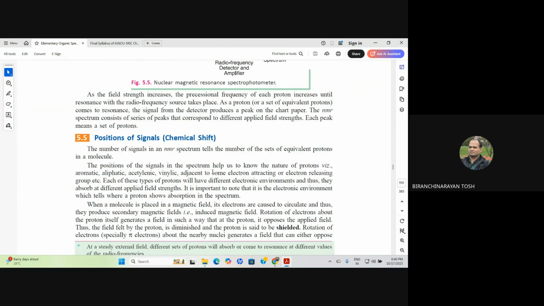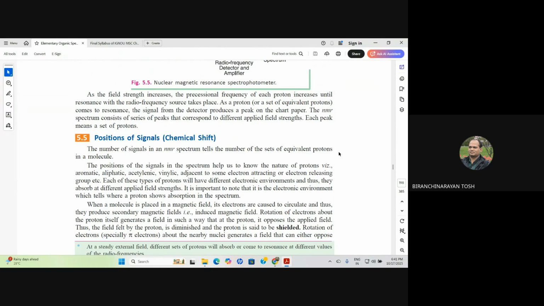The position of the signals in the spectrum helps us to know the nature of the proton. That means it may be aromatic, aliphatic, acetylenic, vinylic, adjacent to some electron attracting or electron releasing groups. Each of these types of proton will have a different electronic environment, as already we know. And thus they absorb at different applied field strengths.